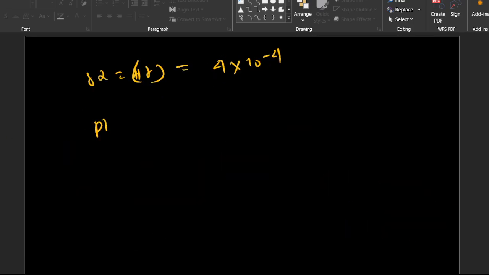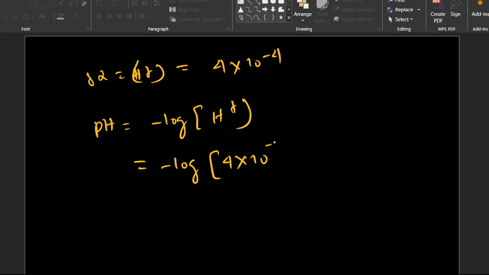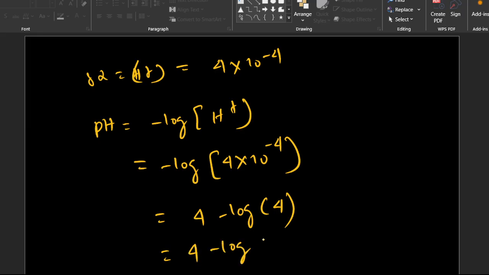So pH equal to negative logarithm of H plus concentration, that is minus log of 4 into 10 raised to minus 4. So that is how much? 4 minus log 4. So 4 we can write as 2 square.